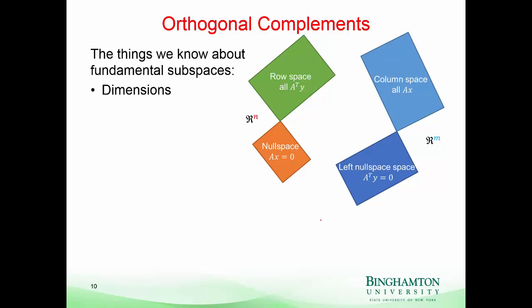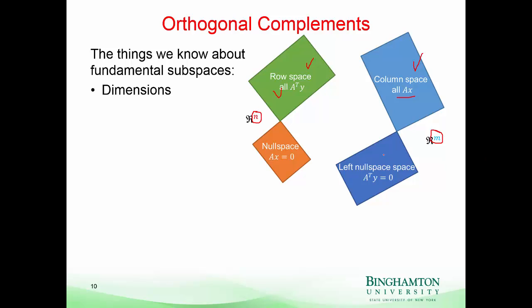Well, one thing we know about are the dimensions. So we know that the row space and the column space have the same dimension, and that dimension is the rank of the matrix. And we know that if the matrix is so-called full rank, then the dimension of this space will be equal to this, and the dimension of this space will be equal to this.